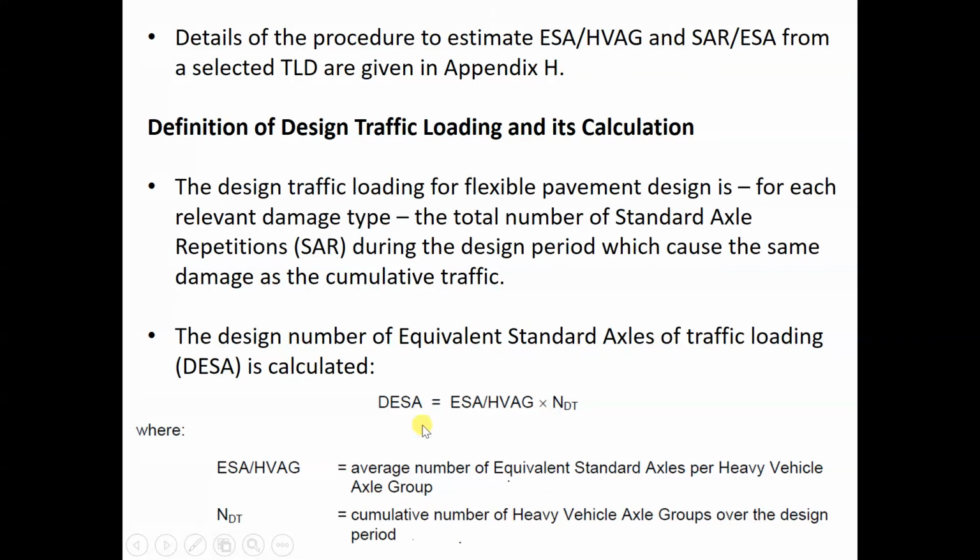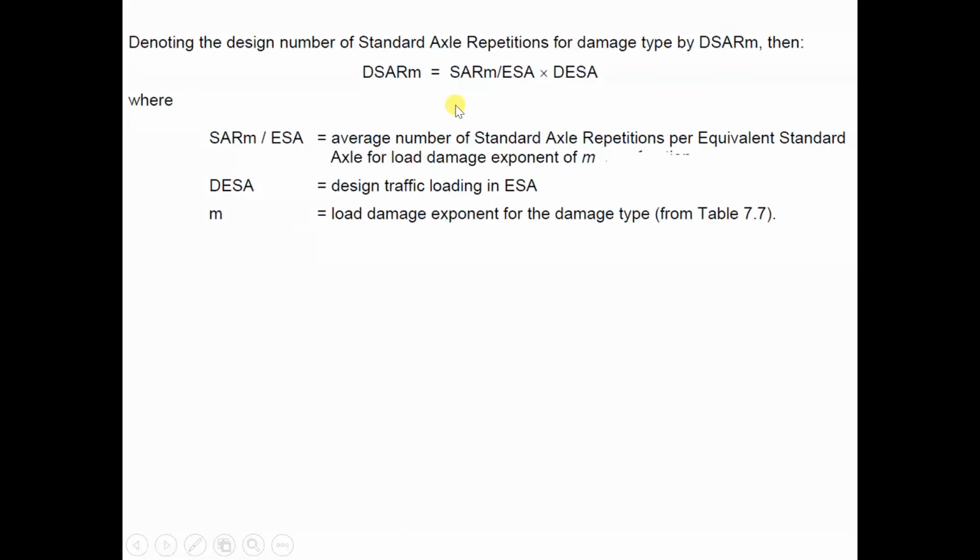After that, you get the DSA with the unit of ESA, equivalent standard axle. Then you convert into the DSAR. This is the design number of standard axle repetitions for the damage type.